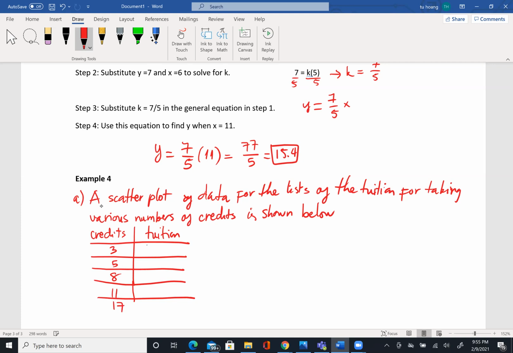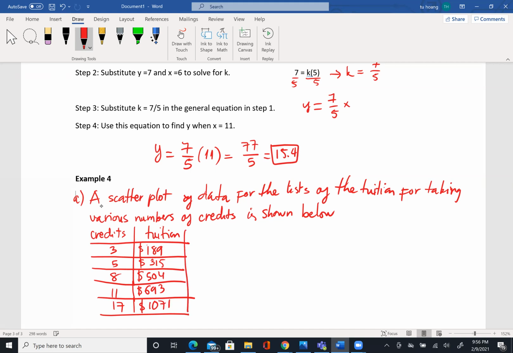Tuition is $189, then $315, then $504, then $693, and then $1,071.